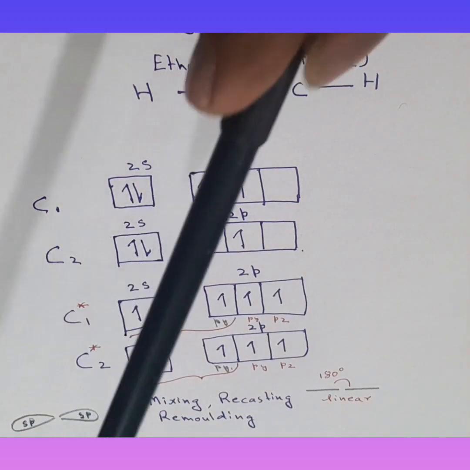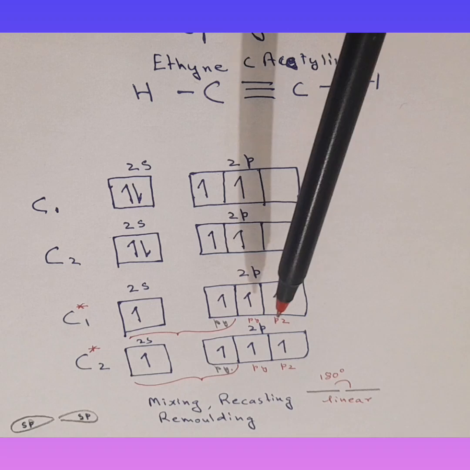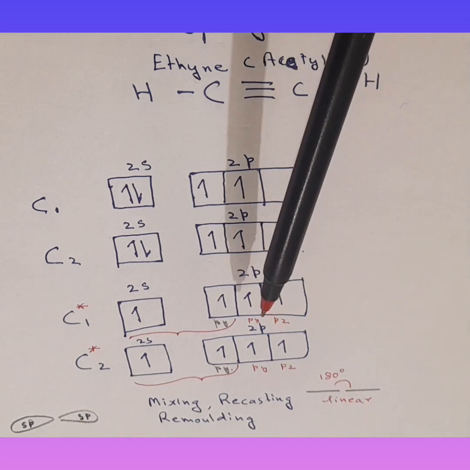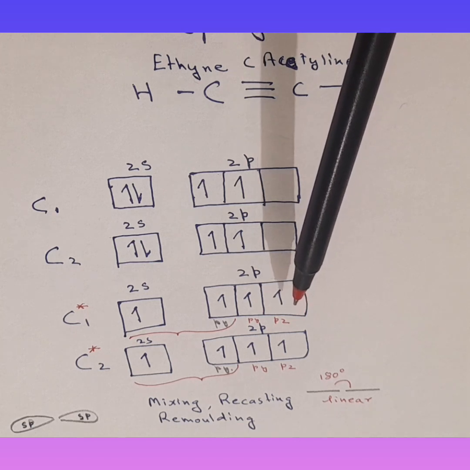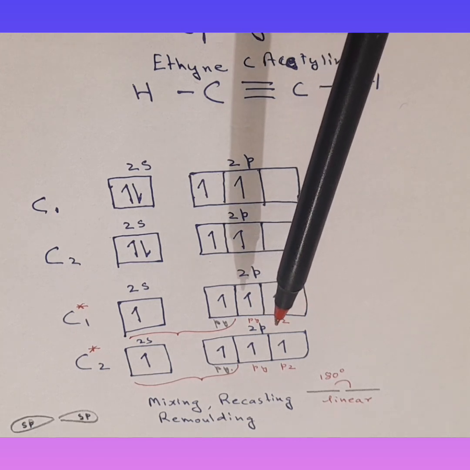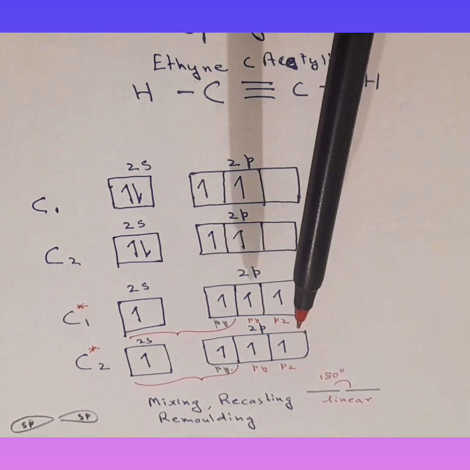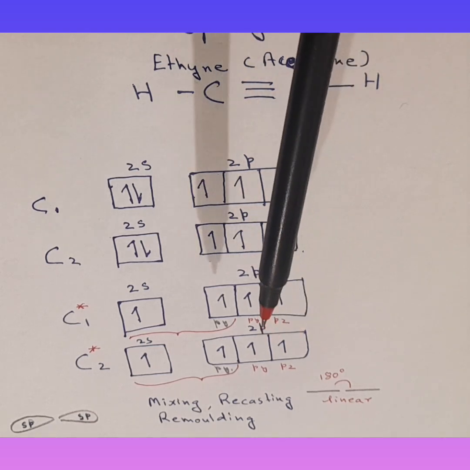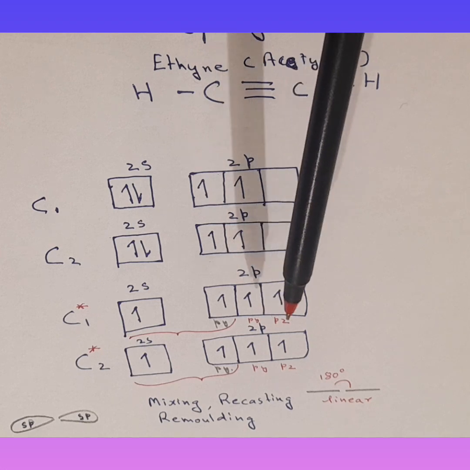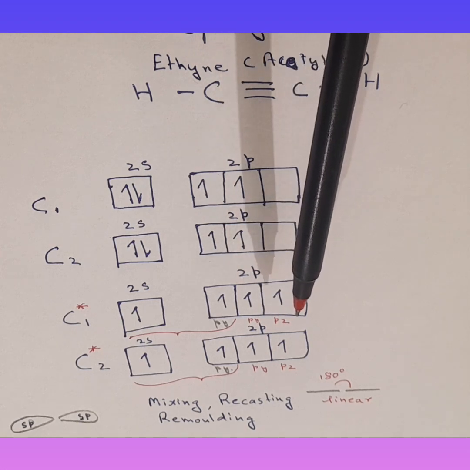But I forgot about the py and pz orbitals. In this case, we find that py and pz orbitals are untouched, as we found pz was untouched in the sp2 hybridized state. So in sp, it is the py and pz orbitals which are untouched.